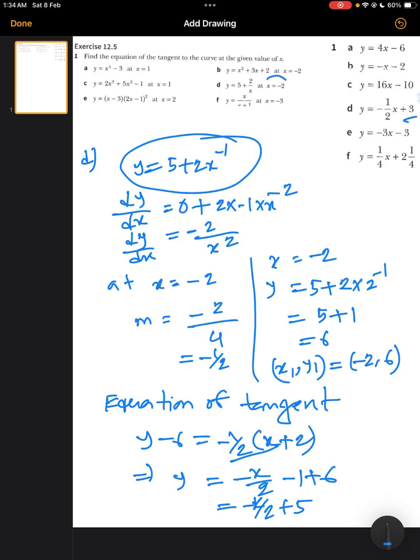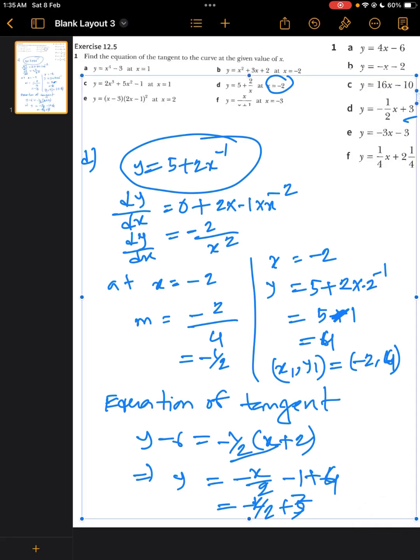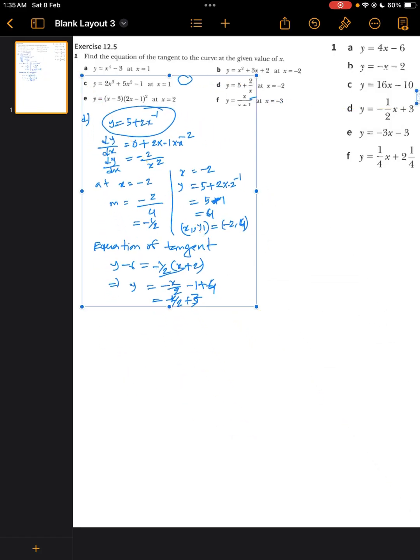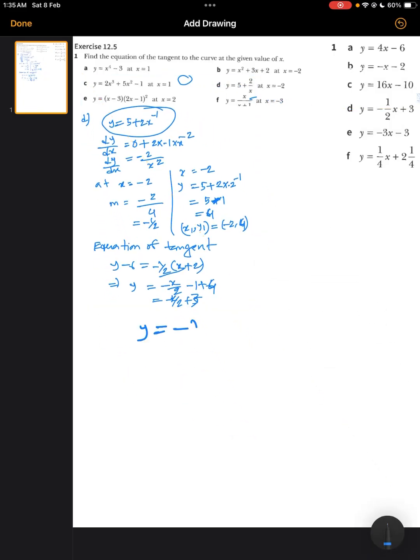Oh, this is minus 2, and minus 2 to the power 1, so it would be minus here. So it would be 4, so definitely it becomes 3. Absolutely correct. Okay, so the whole result would be y equal to x by 2 plus 3.